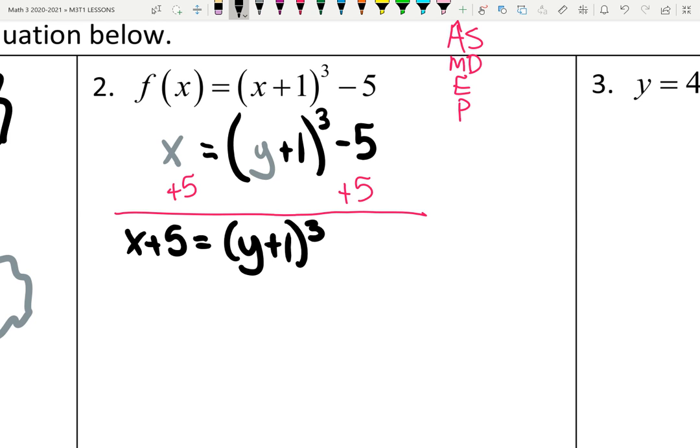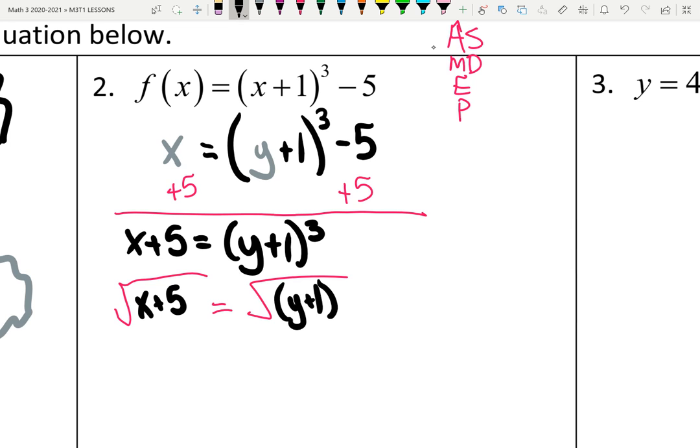So x plus 5 equals the cube root. The cube radical. Radical is a fancy word for the square root or the cube root.